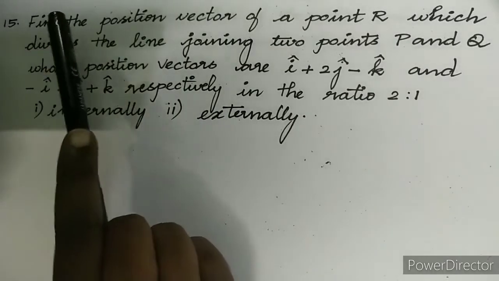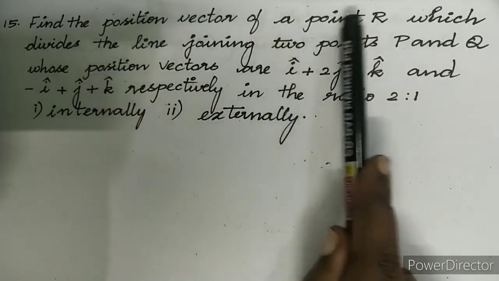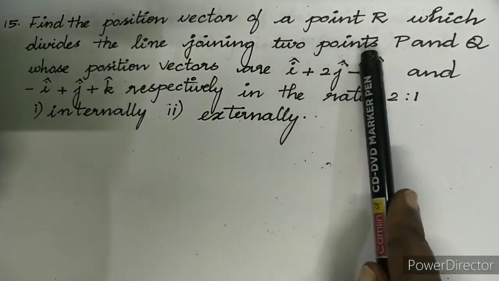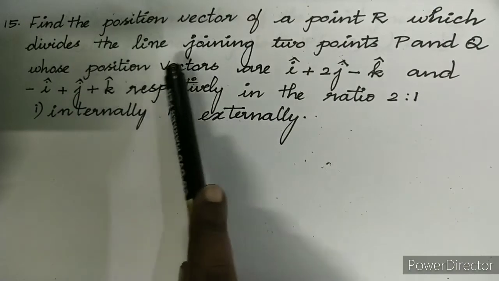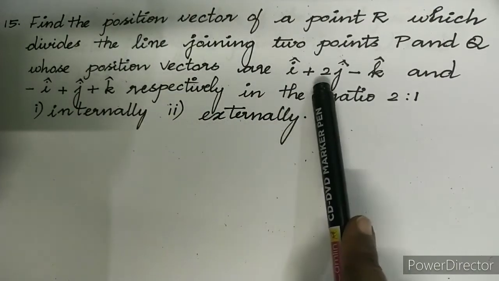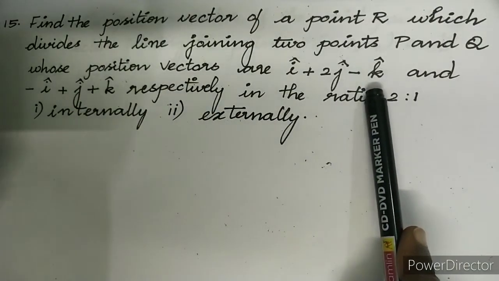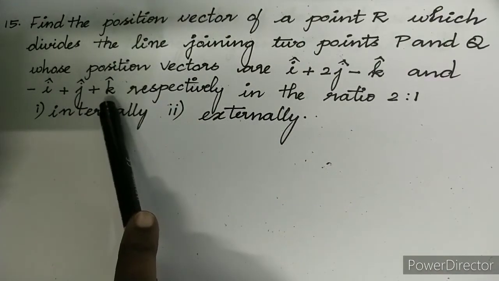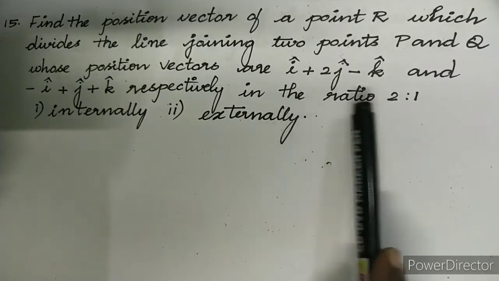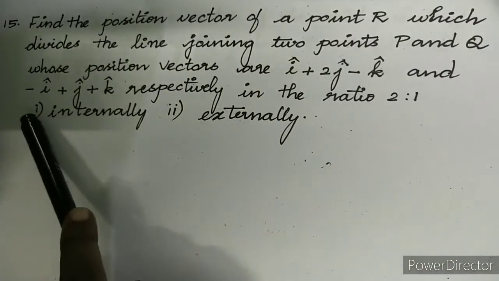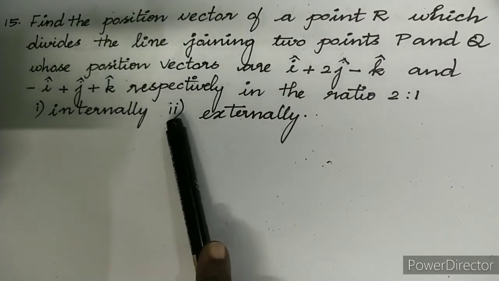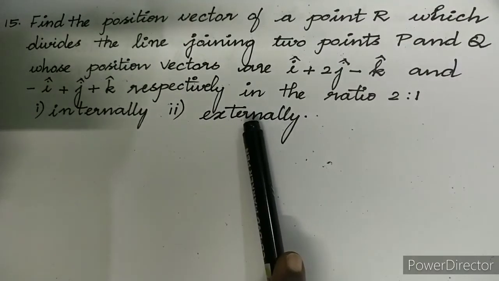Question number 15. Find the position vector of a point R which divides the line segment joining two points P and Q whose position vectors are i cap plus 2j cap minus k cap and minus i cap plus j cap plus k cap respectively in the ratio 2:1. First subdivision is it divides internally, and second subdivision is it divides externally.